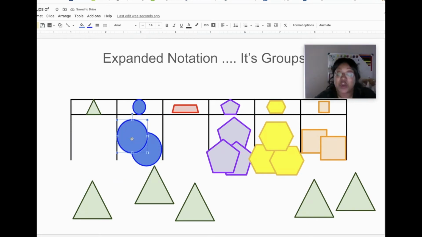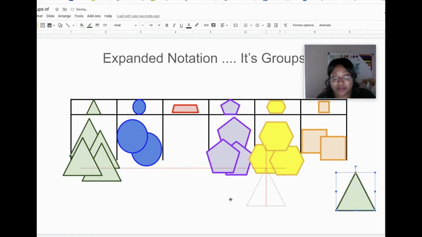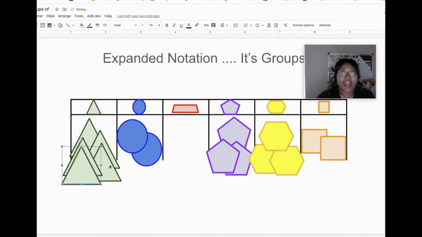Groups of blue circles. Now, how many green triangles do we have? That's right. We have 5 groups of green triangles.